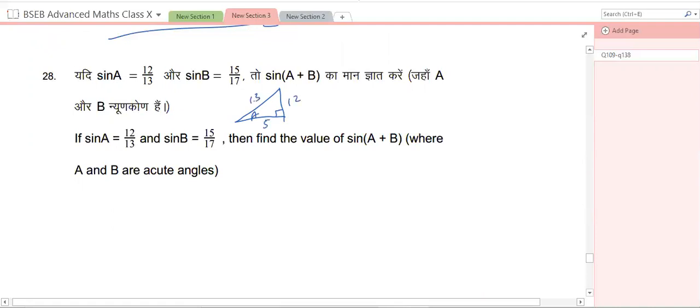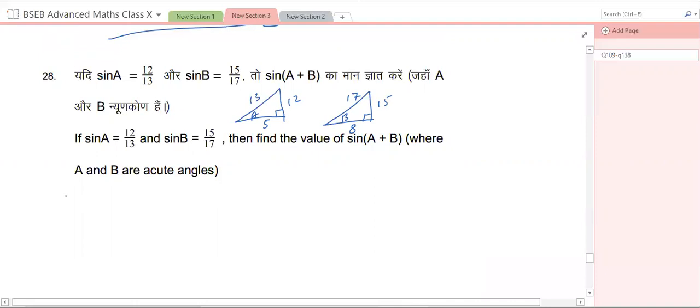This will be 5. 13 squared minus 12 squared is 25, square root of 25 is 5. And for sine B, we have 15 over 17. 17 squared is 289 minus 15 squared, 225, is 64, square root of 64 is 8.